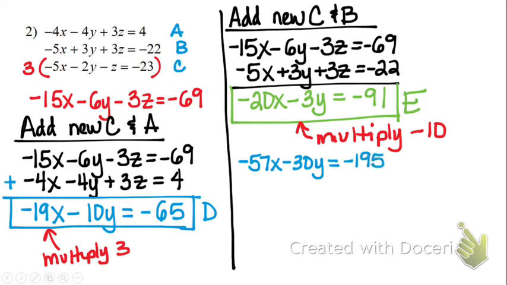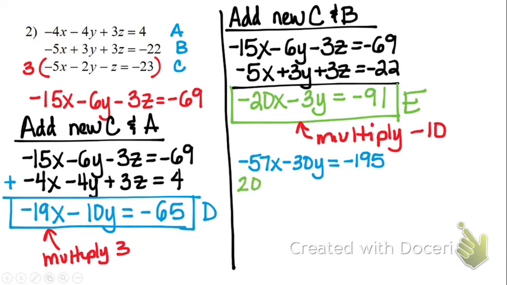And now let's take our green equation, multiply that by negative 10. So we got negative 20 times negative 10, negative 3 times negative 10, and negative 91 times negative 10.